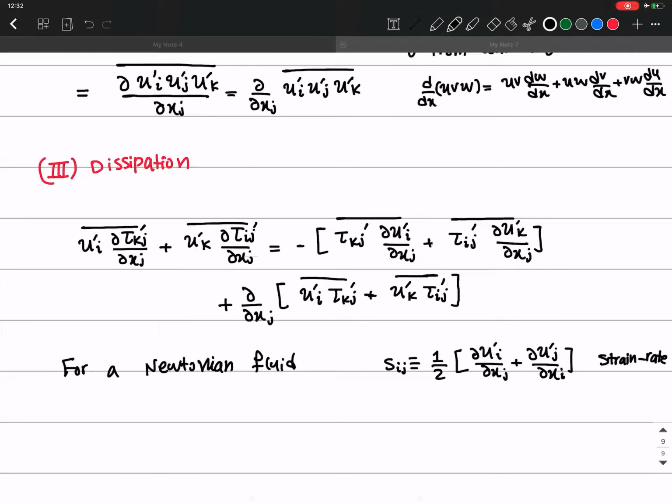And we know that the stress, tau, is linearly related to strain rate in a Newtonian fluid.